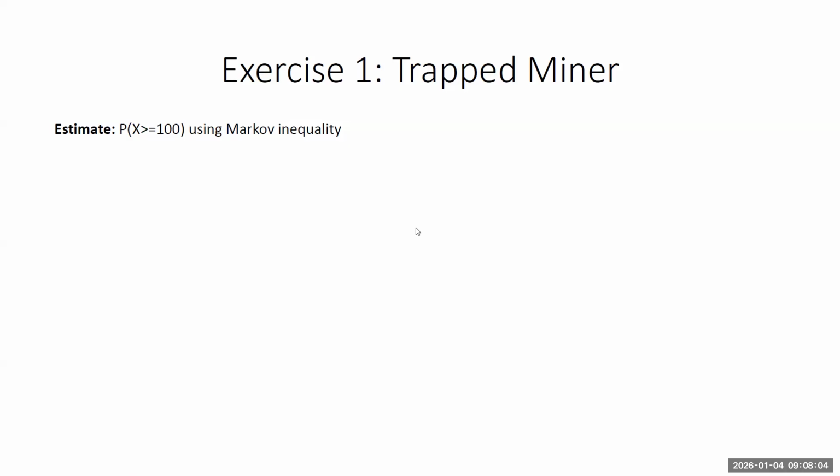Let me demonstrate this idea. Suppose x is the height of a random person. What we know about the expected value of x, I don't know. Let's assume 175 centimeters.